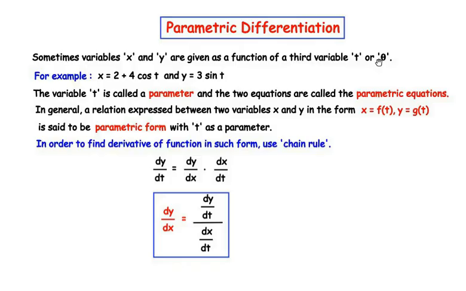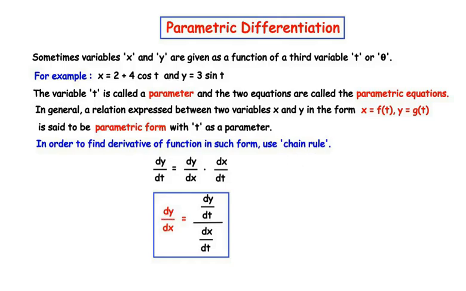So t and theta are called parameters. The equations of x and y in terms of t or theta or any other variable are called parametric equations, and if we are writing x and y in terms of any other variable, we call that form parametric form.